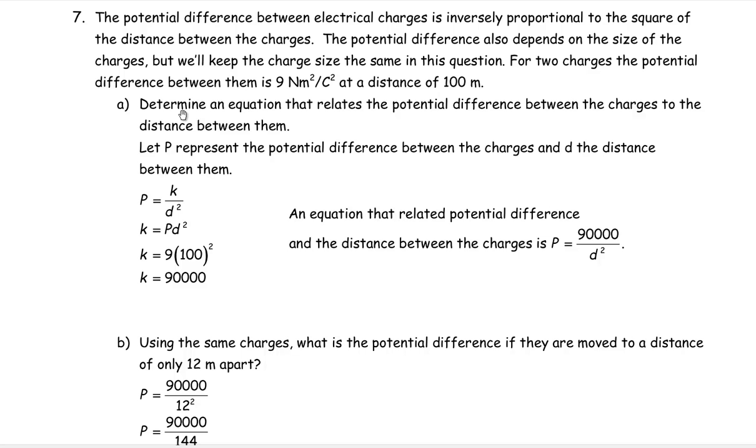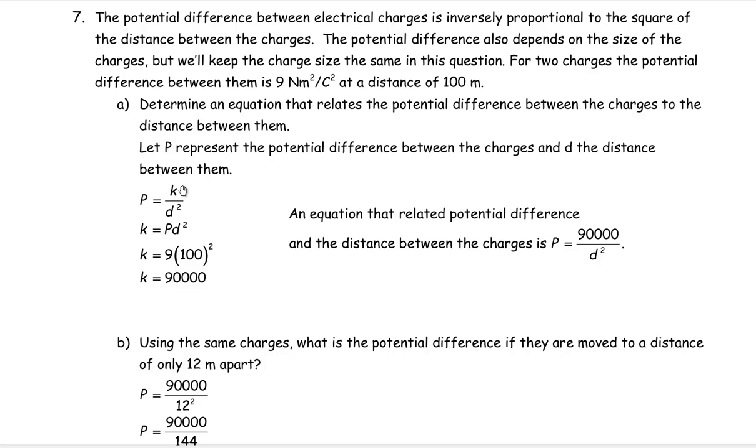That's just the units for a potential difference. We're asked in A to determine an equation that relates the potential difference between the charges to the distance between them. Now, inversely proportional. I'm going to let P represent the potential difference and d is the distance. If it's inversely proportional, P would equal a constant divided by the distance squared, like 1 over the distance squared.